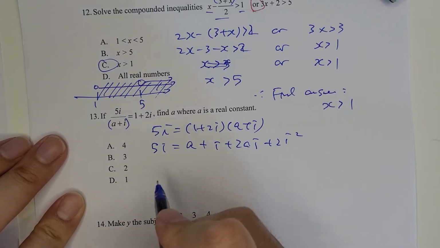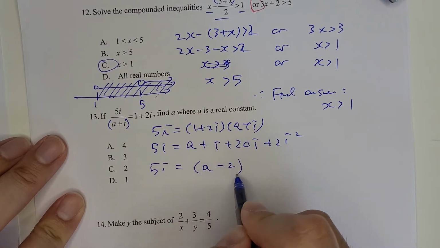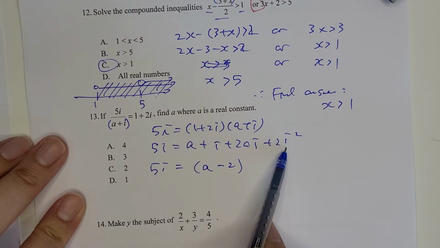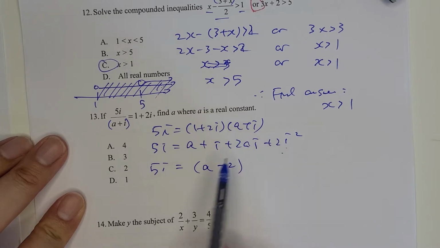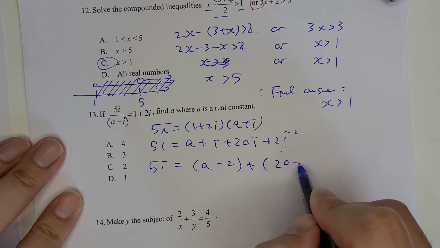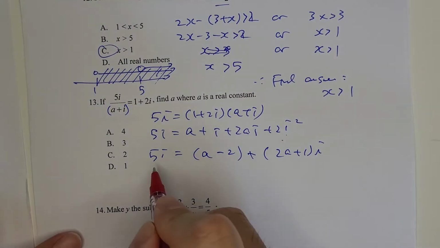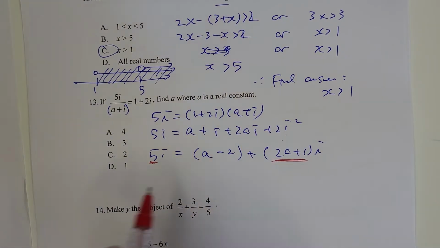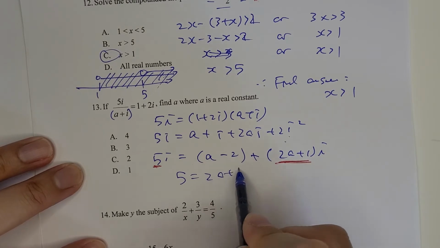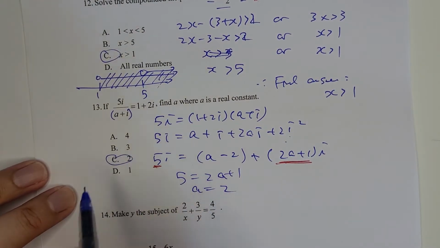Alright, so I squared is negative 1, so 2i squared becomes negative 2. So 5i equals a minus 2, plus bracket 2a plus 1 bracket i. So you can just compare the coefficients of i. 5 equals 2a plus 1, and then a equals 2. So question number 13 is C.